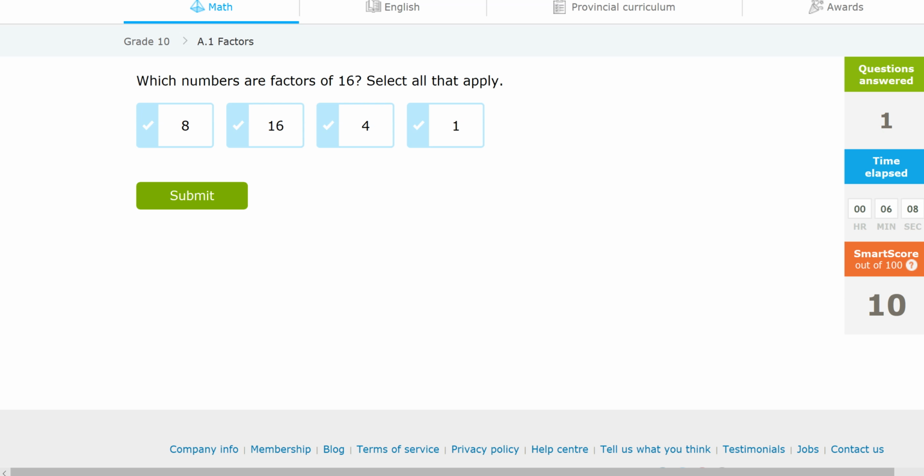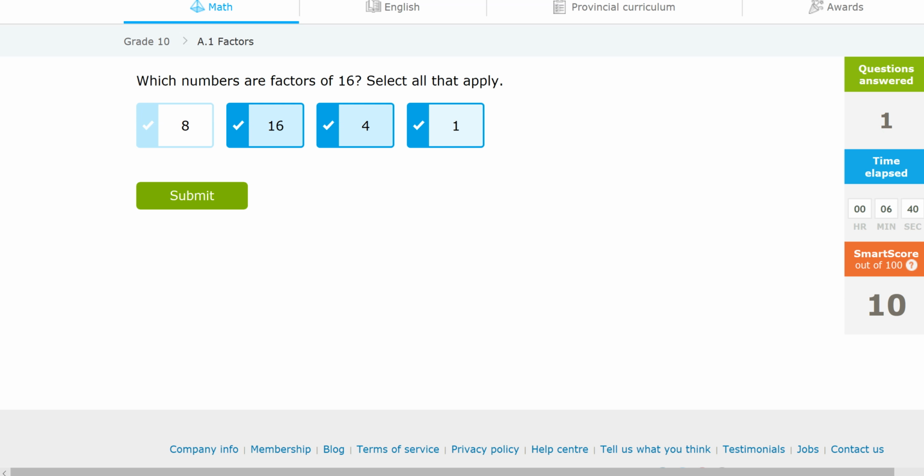4. Mm-hmm. 16. 1. I was putting it up there so that we can have more visibility. 4, 16, and 1. And how about 8?